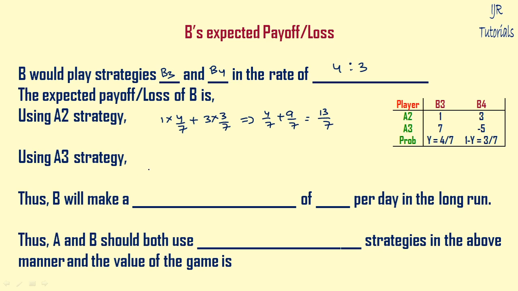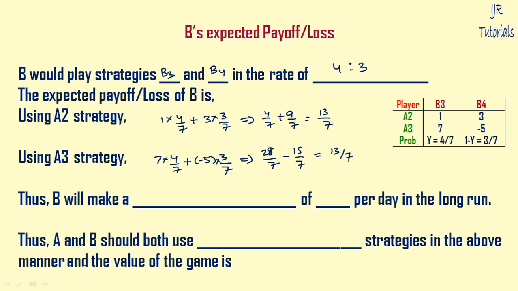And next we need to calculate A3 also. So 7 into 4 by 7 plus minus 5 into 3 by 7. That is equal to 28 by 7 minus 15 by 7, that is equal to 13 by 7.